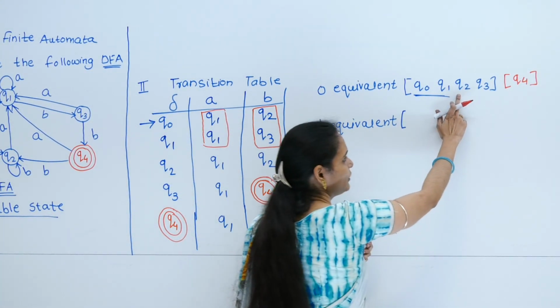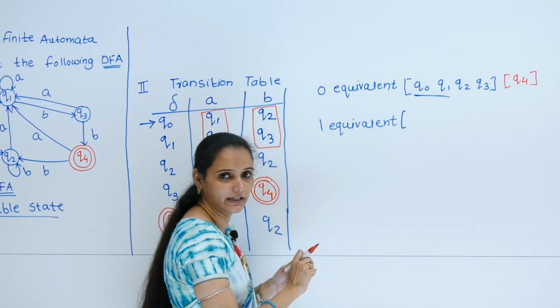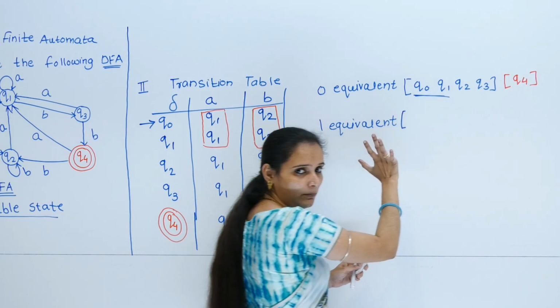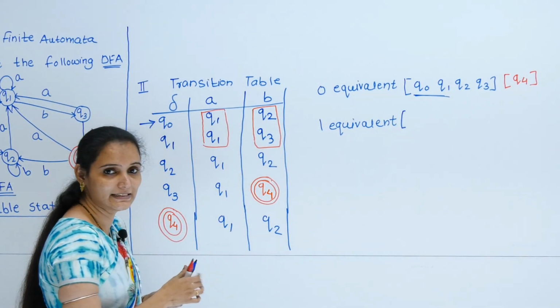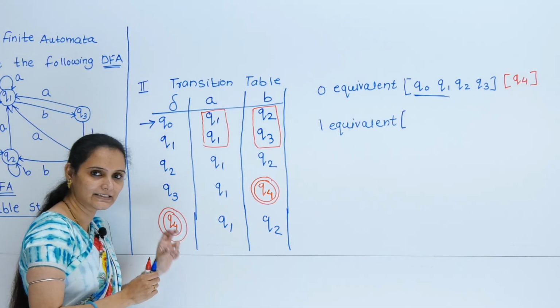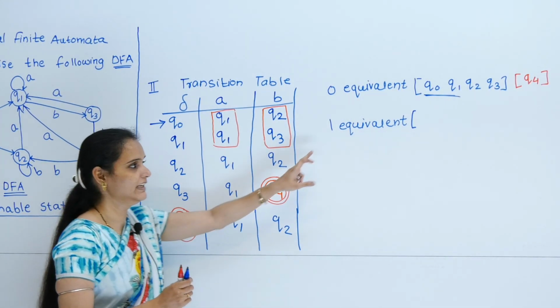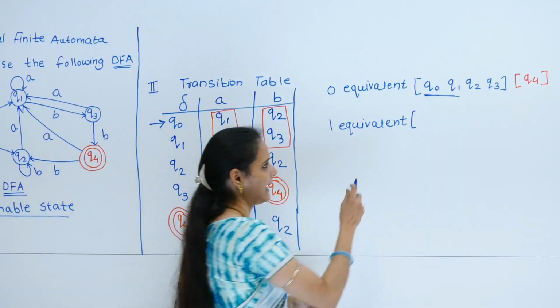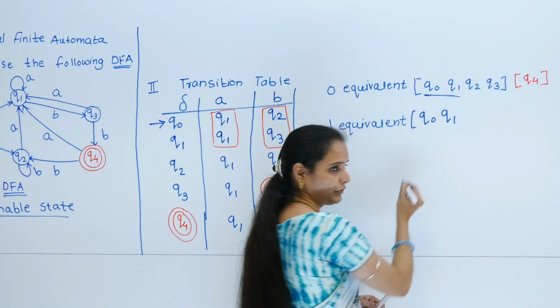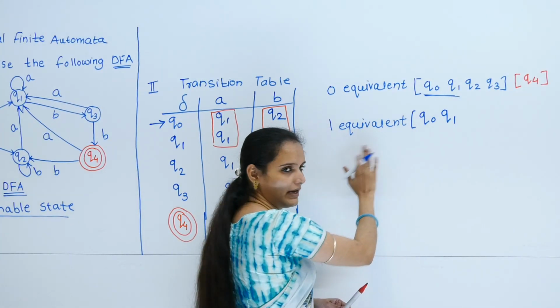Here it is Q2 and here it is Q3, which means these two states are present in one group. Therefore, what is the conclusion here? Q0 and Q1 are still in one group in one equivalent. So here I can write Q0, Q1, these are in one group.